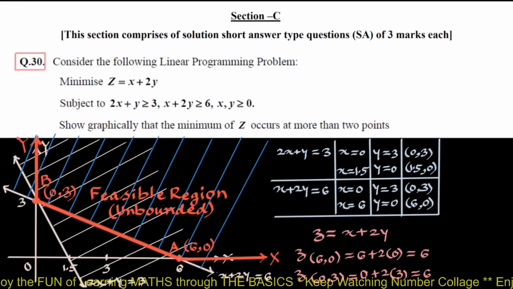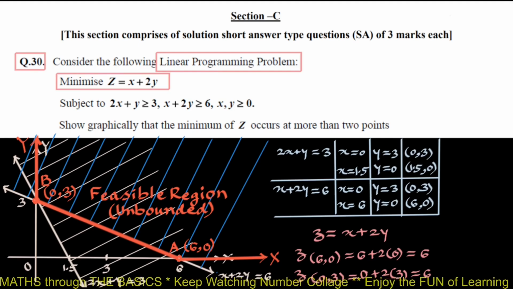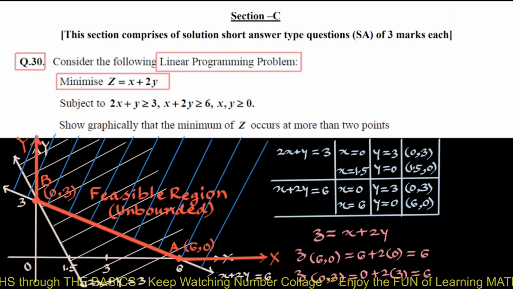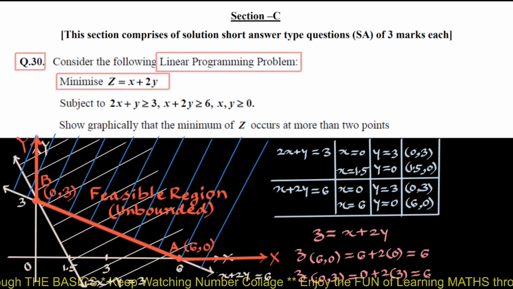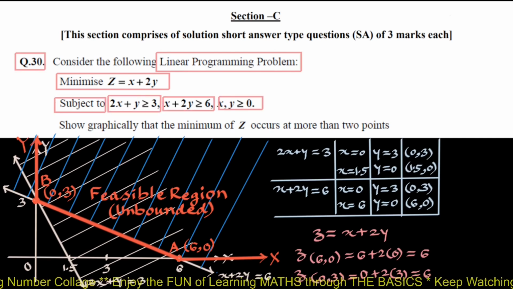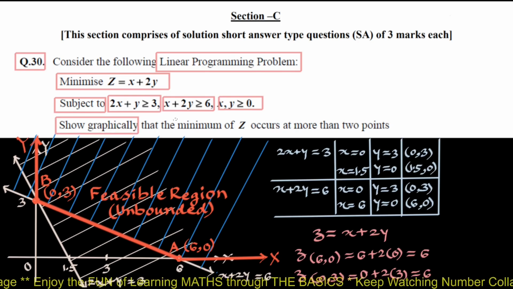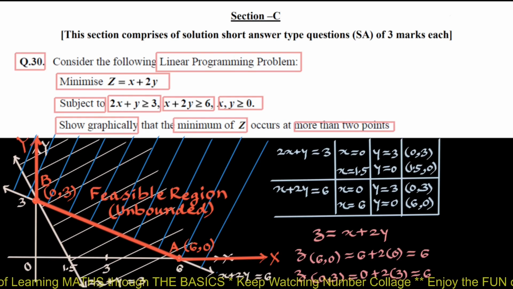Question 30. Consider the following LPP. We have to minimize objective function z equals x plus 2y subject to the constraints this one, and these two. We have to show graphically that the minimum of z occurs at more than 2 points.